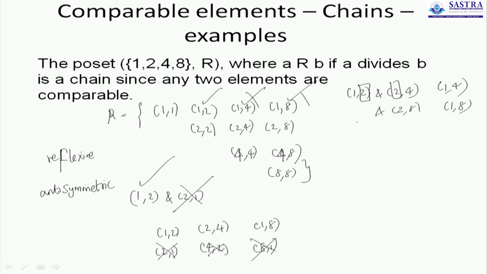And if you pick 1 4 and 4 8, you will have to see that 1 8 is also part of it. 1 comma 8 is also part of the relation. Therefore, for any three distinct elements, if the two pairs AB and BC are present, we always see that the third pair AC is a part of the relation, and therefore our relation is also transitive. So we see that it is reflexive, we see that it is antisymmetric, we also see that it is transitive. Therefore the set forms a poset.